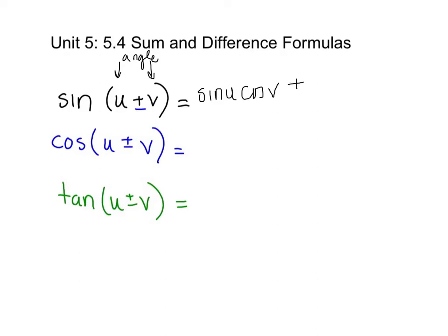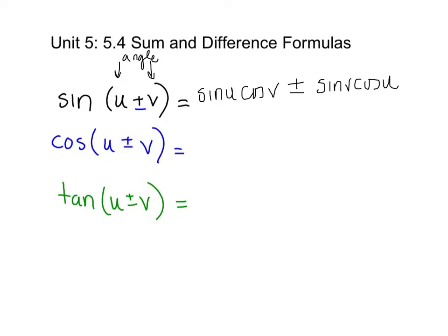So if it had a plus between it, it would have a plus between it here. And if it had a minus, it would have a minus. And then you just repeat it on the other side. So I would say sine V and then cosine of U. And so you'll notice that the sum and difference formula for sine has both a sine and a cosine in it, and it has it on either side of the plus sign. So it's multiplied, multiplied, this is plus or minus.